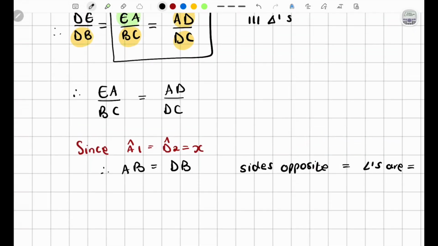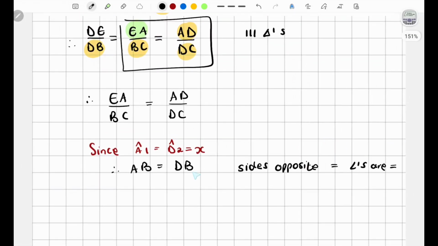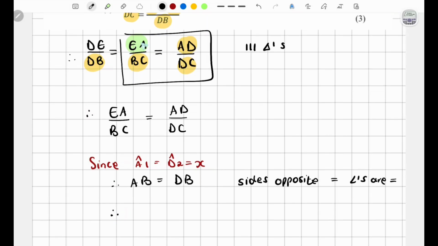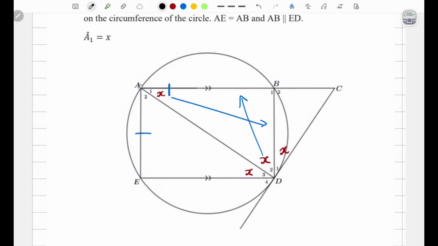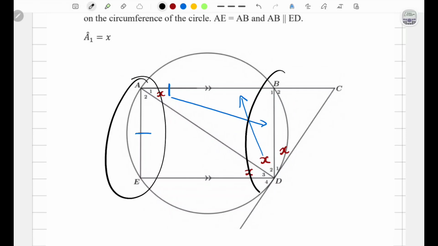Okay, so now that we know they are equal, we can now replace. Remember, this was coming from EA. We found out that since AE or EA and AB were already equal, and now we know that DB is also equal to AB, then it means that these two lengths are equal.